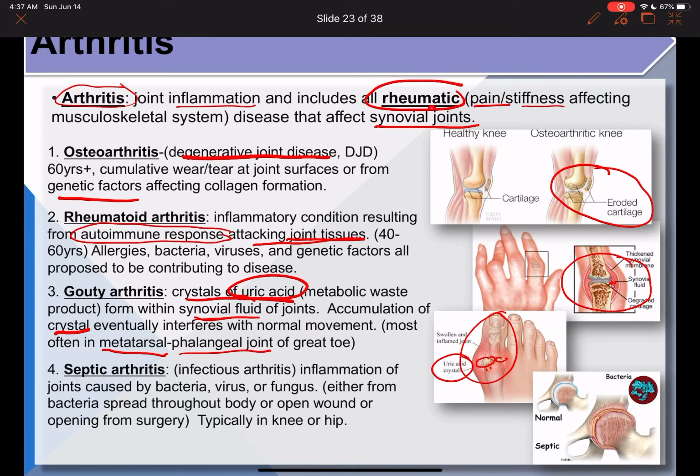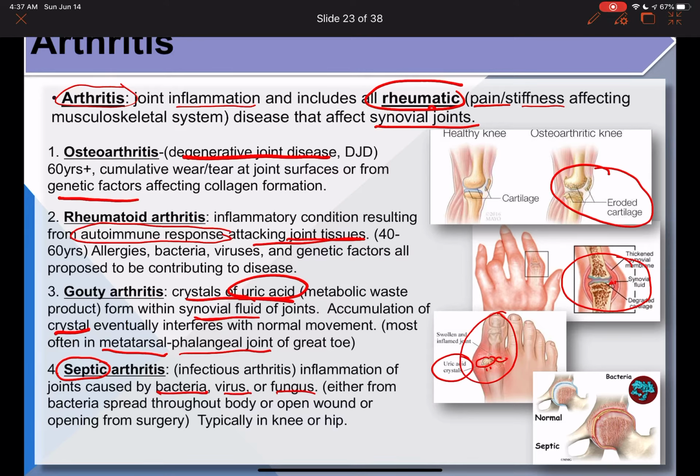Septic arthritis, as we were talking about sepsis, so it must be dealing with bacterial infection, or other types of pathogen infection. This is a type of infectious arthritis where the inflammation of the joint is triggered by infection of bacteria, virus, or fungus.